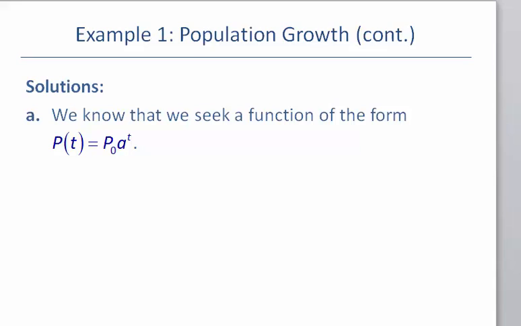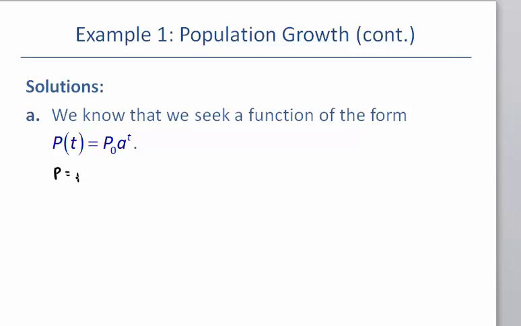We know that for exponential growth problems, we seek a function of the form P of t is equal to P sub 0 times a raised to the t power. This function tells us the size of the population, P of t, at time t. So I'm just going to make a few notes.